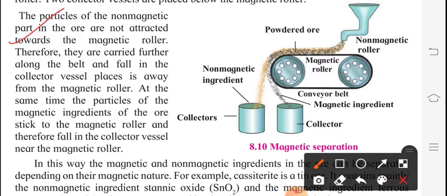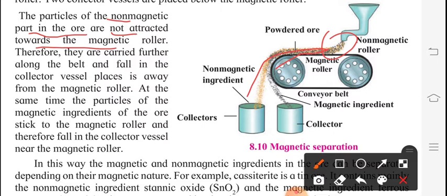Let's go ahead with its explanation. The particles of the non-magnetic part in the ore are not attracted towards the magnetic roller. Obviously, this powdered ore has a mixture of magnetic and non-magnetic. Whatever magnetic ingredients there are, they are attracted to this roller, and the non-magnetic ones are repulsed by this roller.